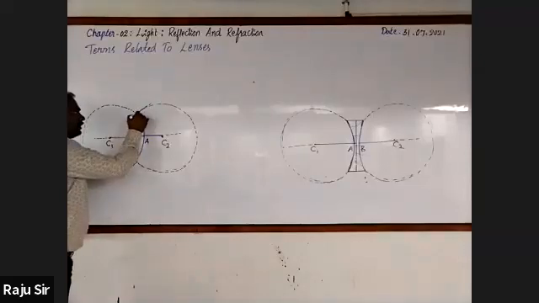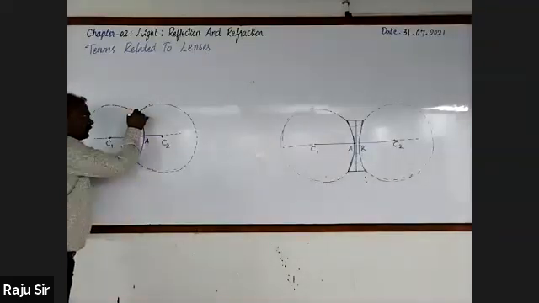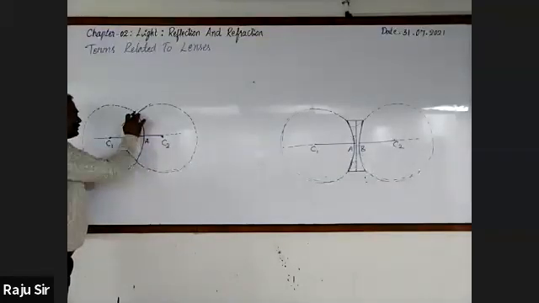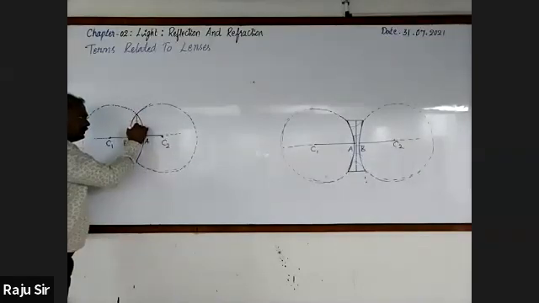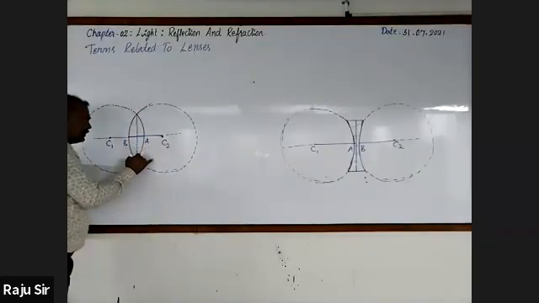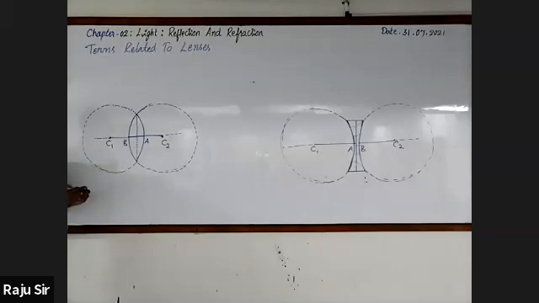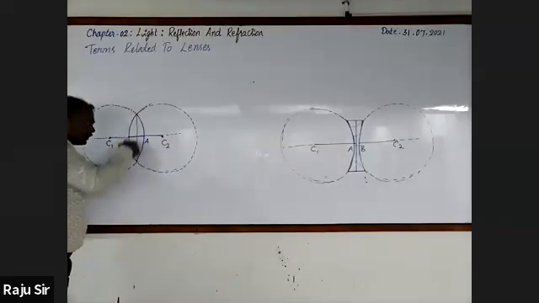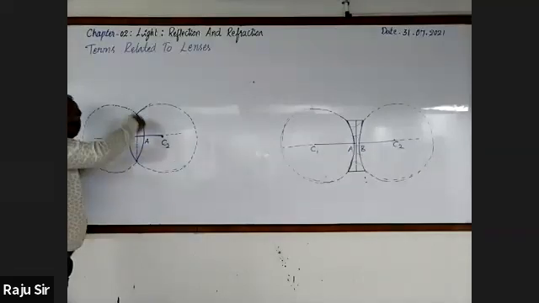Now, look here. These are the vertices of the concave lens and convex lens. Now let me join these vertices, and we call this the diameter of the lens.